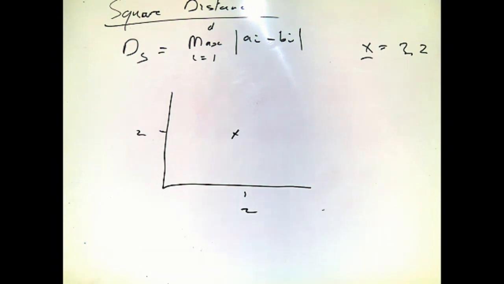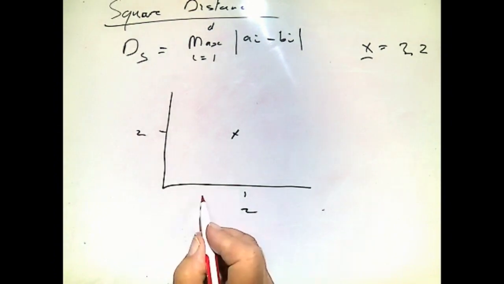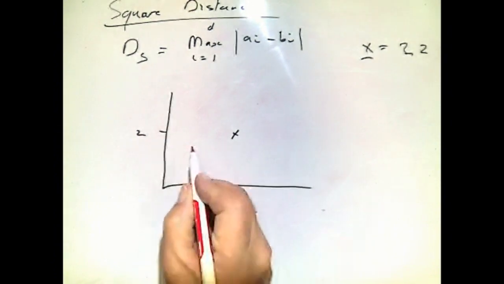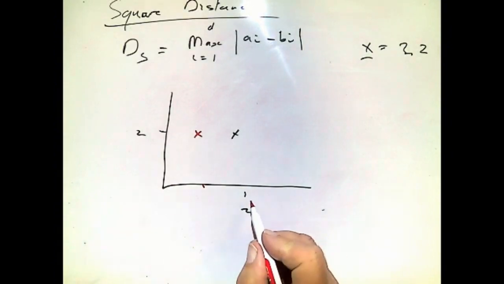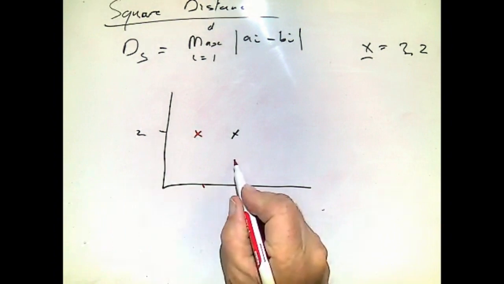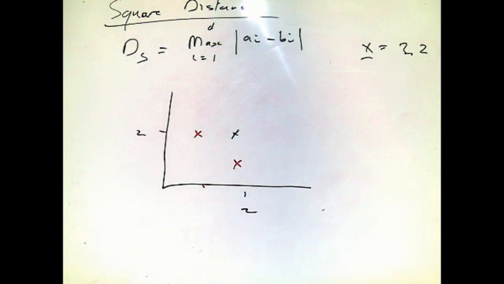So 1, 2. There we are. There's a point there. Just another one. 2, 1. There we are. 1.5, 1.5. What? Thank you. We've made a shortcut. 1.5, 1.5.